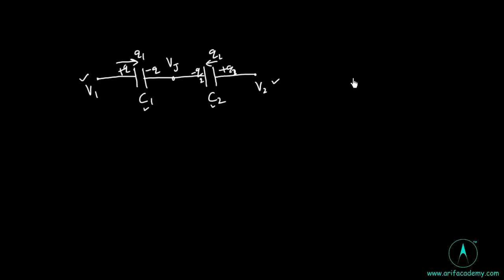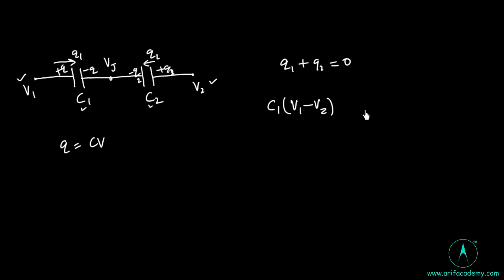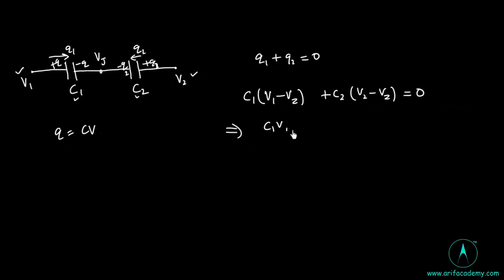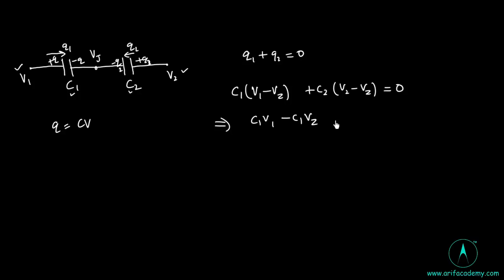So we can write by KCL Q1 plus Q2 equal to 0, and for any capacitor, charge equals CV. We can write C1 (V1 minus Vj) plus C2 (V2 minus Vj), and that's equal to 0.